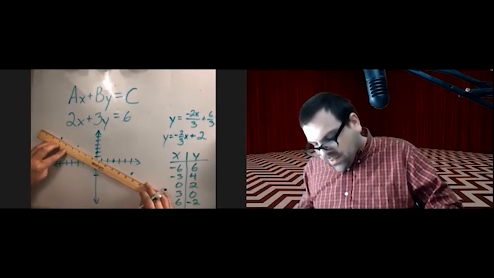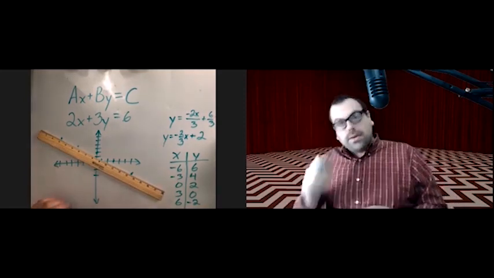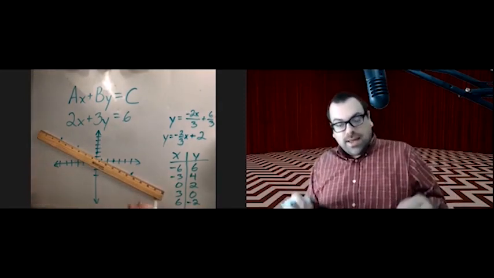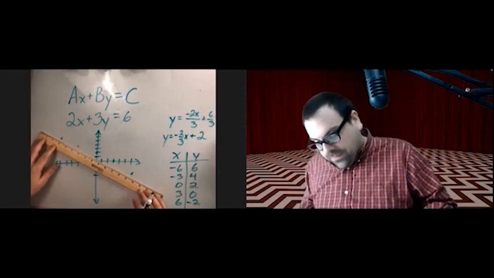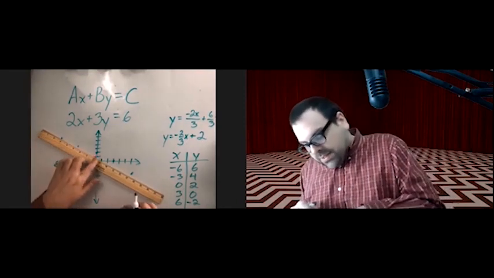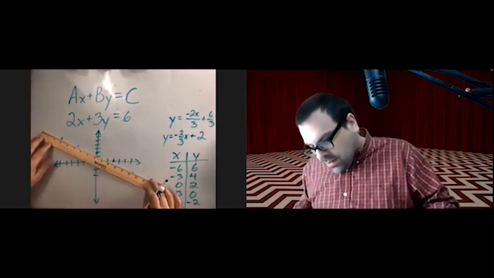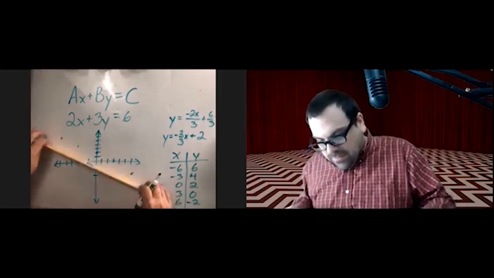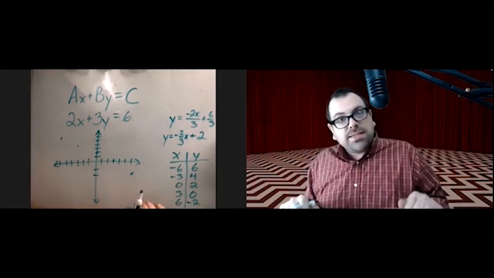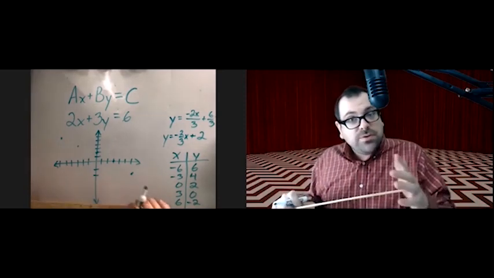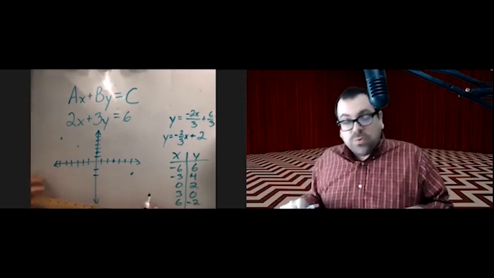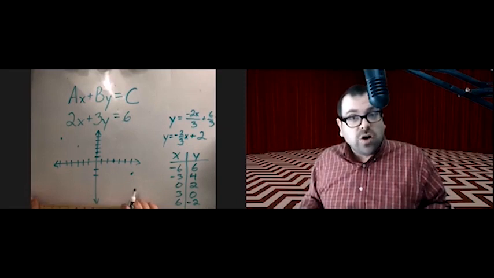Now, you'll notice that my drawing strikes again. These points don't exactly line up, but it's not because they don't fall on the same line. If you were using graph paper, you would see these perfectly fall in a line.